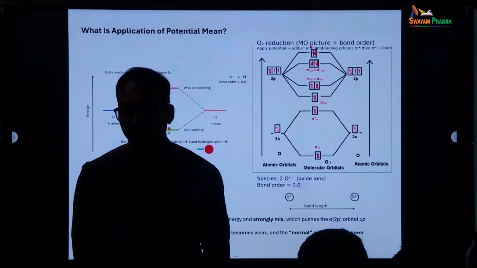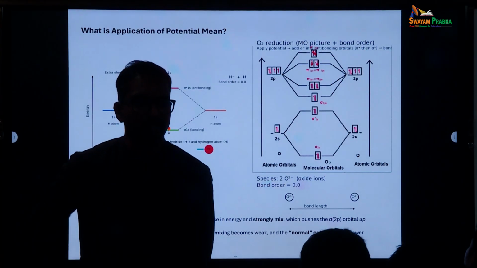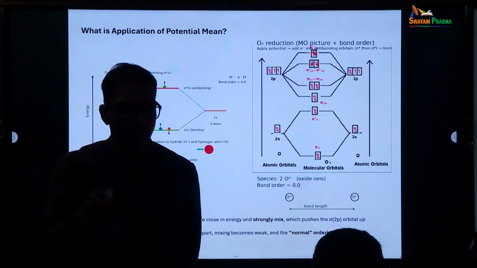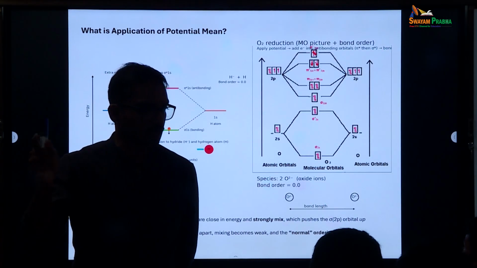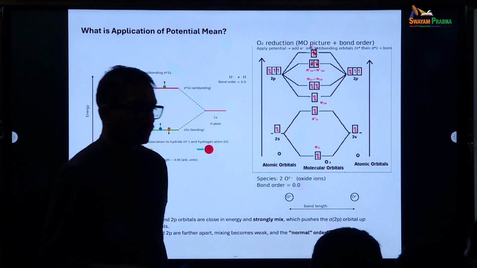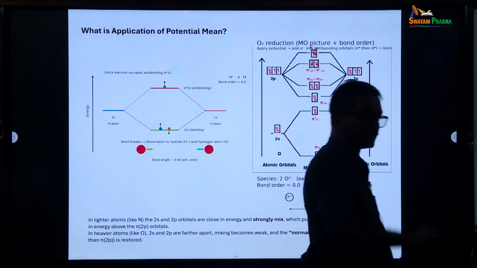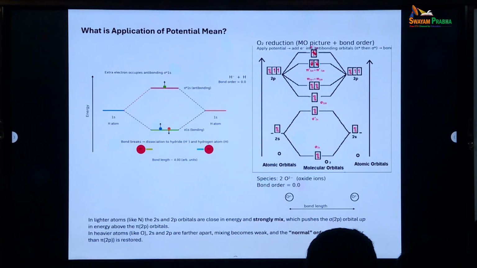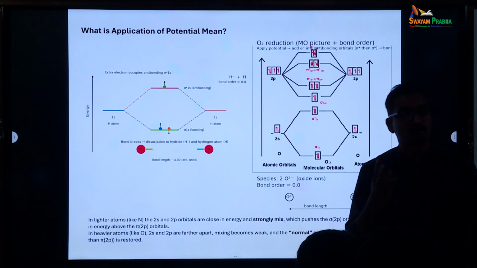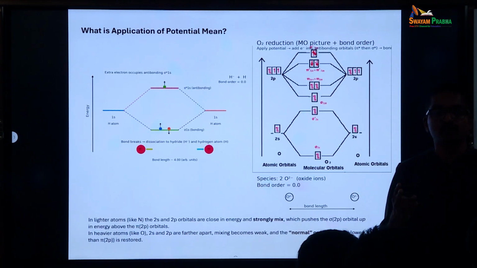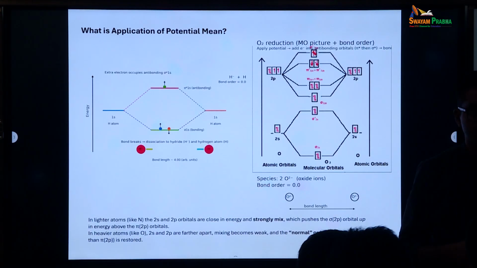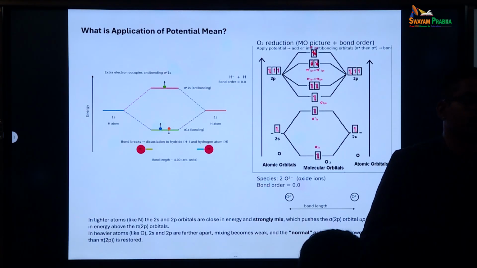Add the first electron, what will the bond order be? When you add the first electron, how much is the bond order? When you add the second electron, 1. When you add the third and fourth electron, it is 0. There is no bond. Correct? So in this way, I am able to break the bond one by one in the case of oxygen.